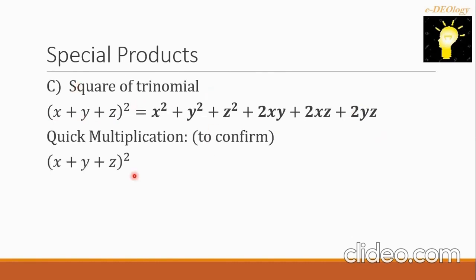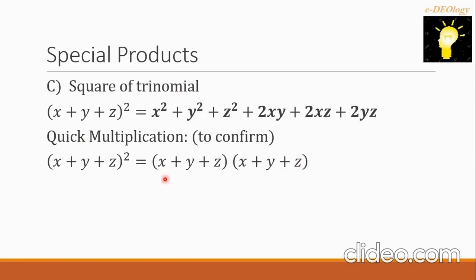Let's have a quick multiplication to confirm if this special product is actually the same answer if we're going to have a long method of multiplication for this square of trinomial. So what we'll do, we're going to expand, so we can show that this is x plus y plus z times x plus y plus z.